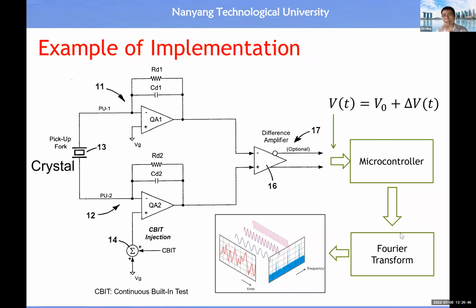And for the vibration sensor, the extra computation is a Fourier transform. Because the microcontroller will only give us a series of digital numbers which correspond to the time function. But we need to know what should be the parameters of each individual sine function. Then we need to do a Fourier transform.